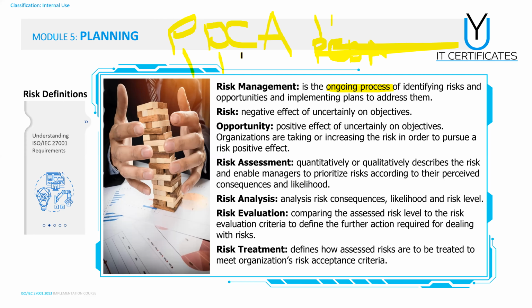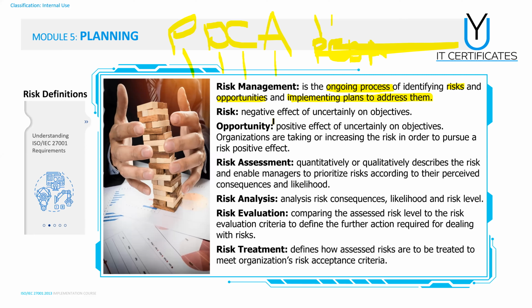But risk management is an ongoing process for identifying risks and opportunities, and implementing a plan to address them, and to show how the organization can respond to these risks and opportunities. Well, this is the definition of risk management.